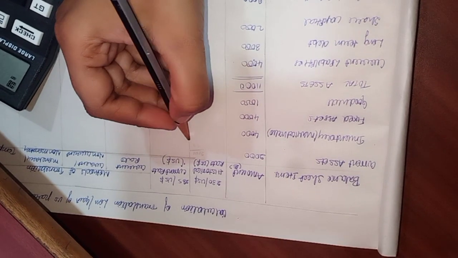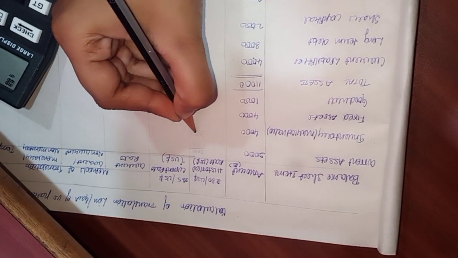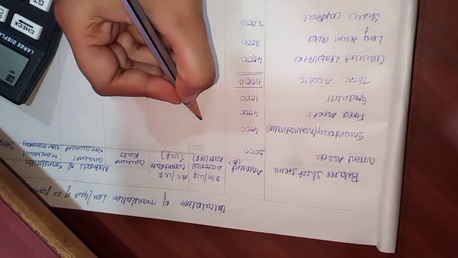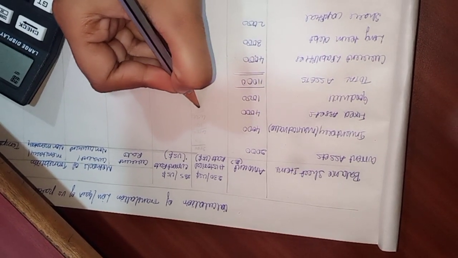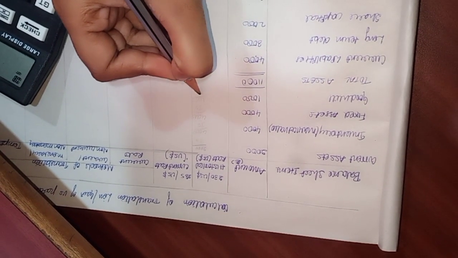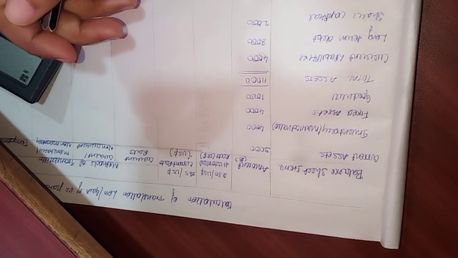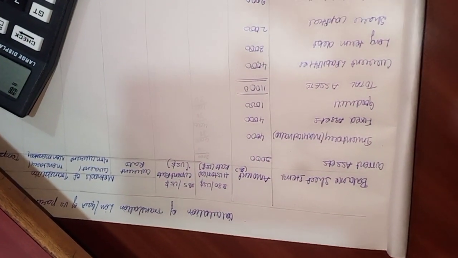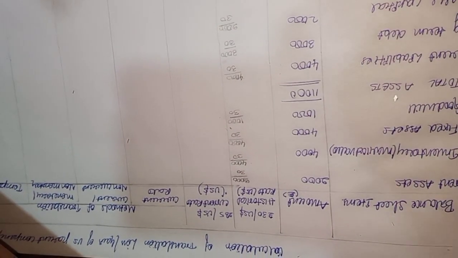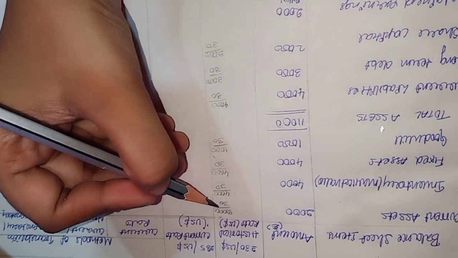Same way, 4000 divided by 30, 4000 divided by 30, 1000 divided by 30. Like this you need to do, guys. This is the working notes, girls.